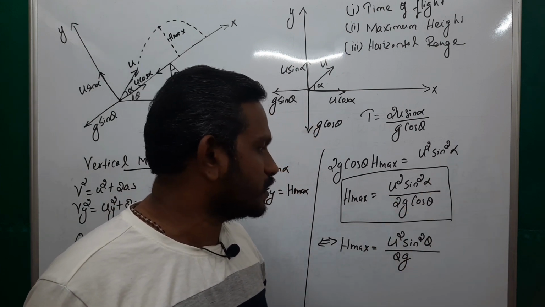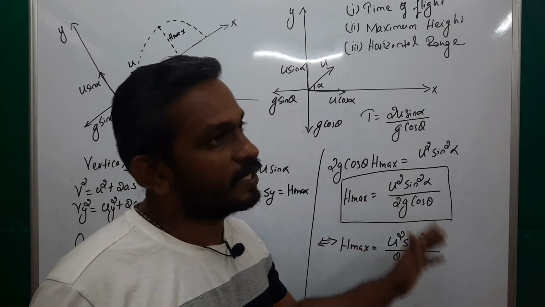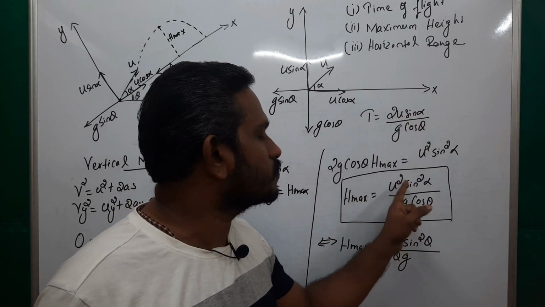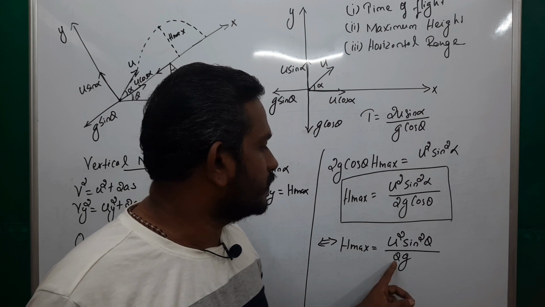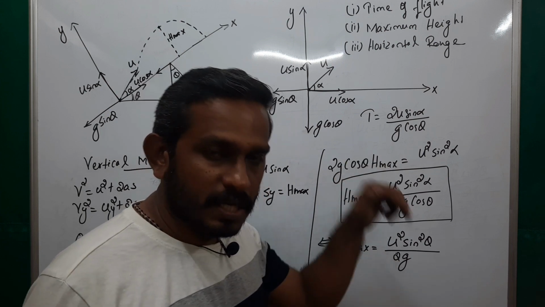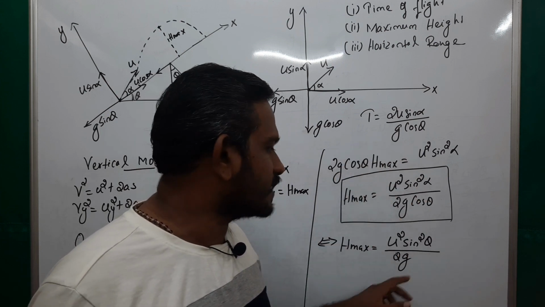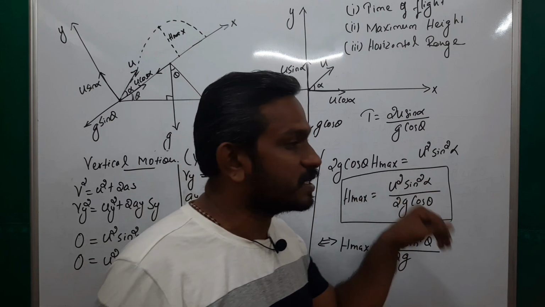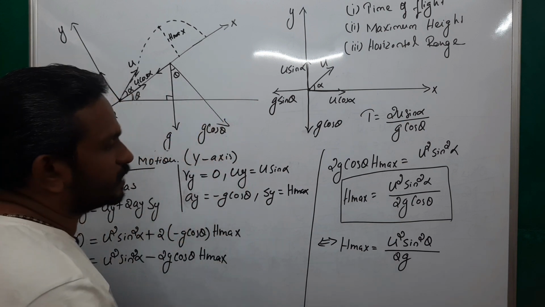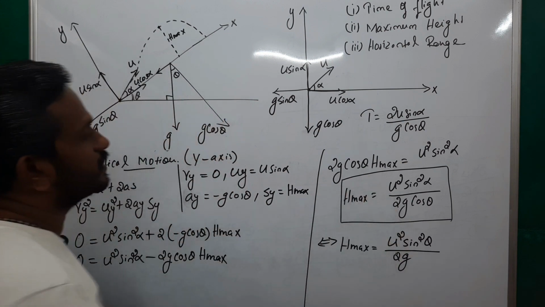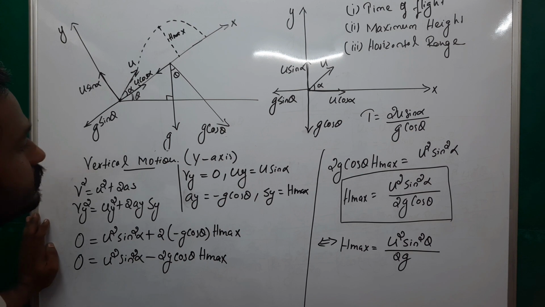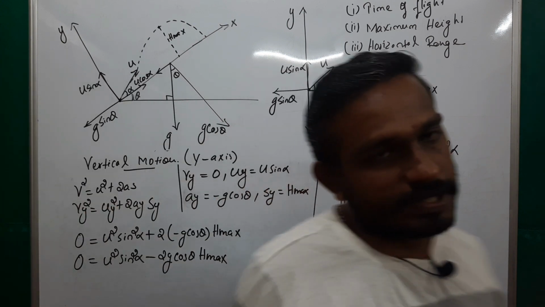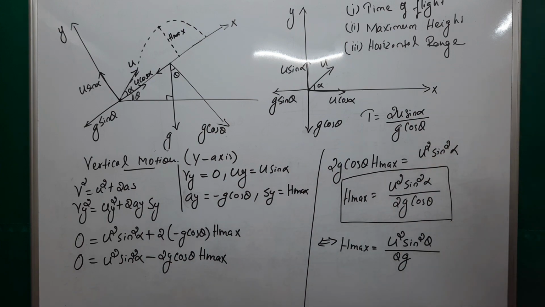Here, u sin alpha is the initial vertical velocity, so u squared sin squared alpha divided by 2g, where g is the vertical acceleration. Here in 2g cos theta, g cos theta is the vertical acceleration. So there is a strong resemblance between these two equations. So this gives the maximum height attained by the projectile. Clear?